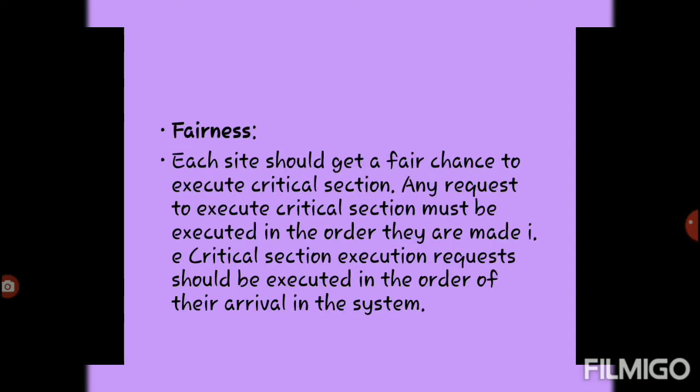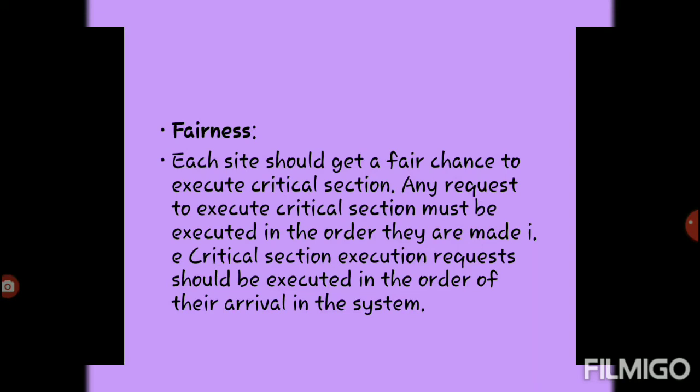Then fairness. Fairness is that the order in which the processes enter is the same order in which the resources should be supplied. The first process to come should be supplied the resource first, the third process to come should be supplied third, and so on.